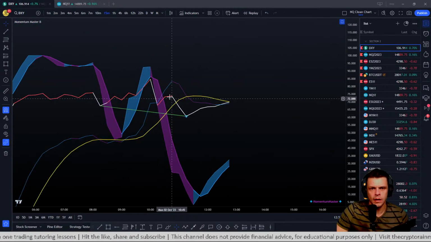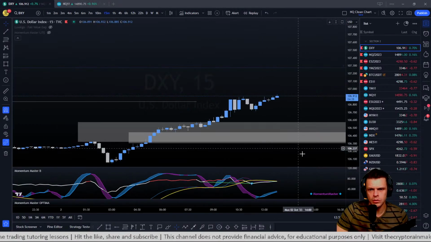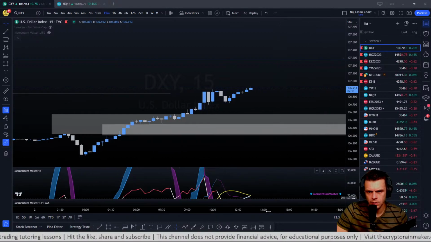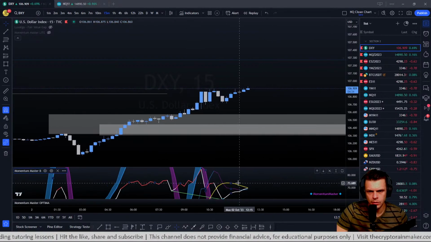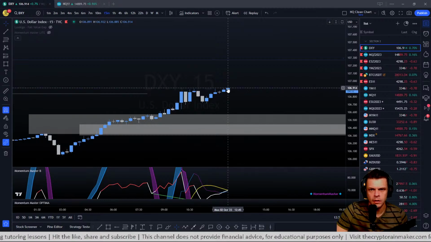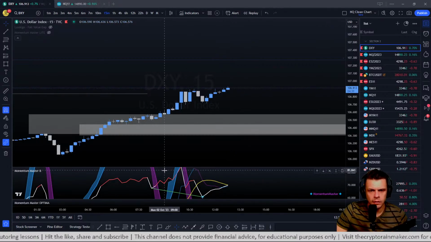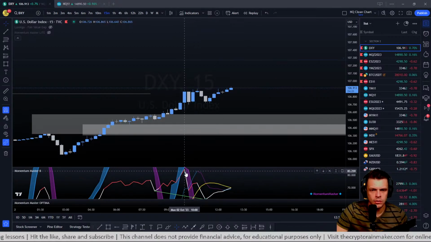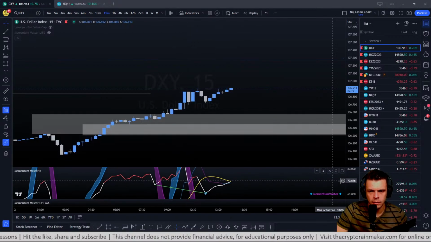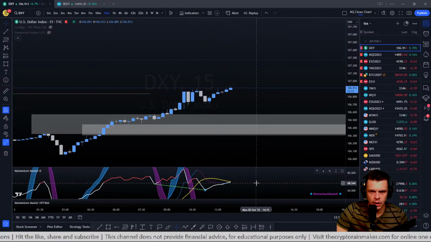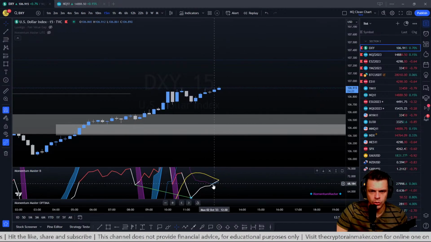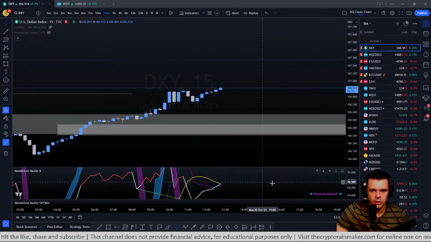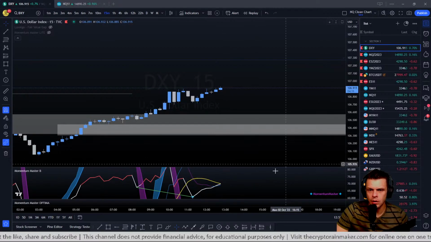The MACD and the RSI is a little bit indecisive, but this looks like a bearish divergence printing on the RSI. So we have a high and a higher high, and then this white and red line is the RSI. So we have a high and a lower high. And it looks like this MACD, although it's giving the blue bullish print, it looks like it can start to roll over at any point.